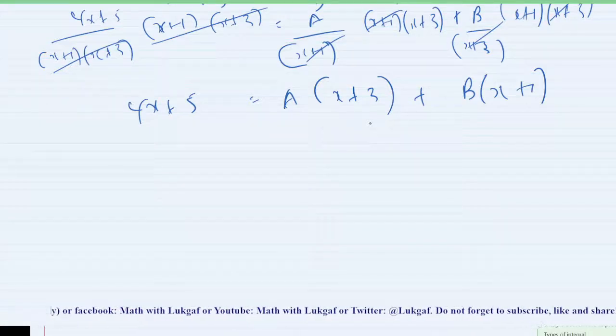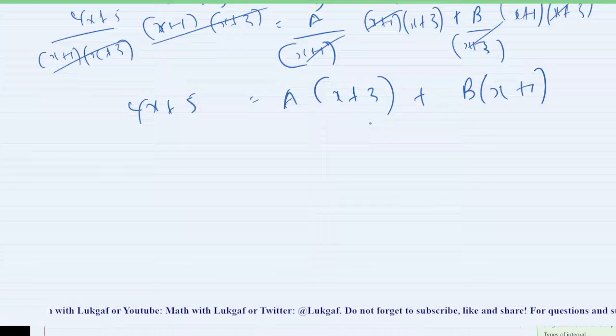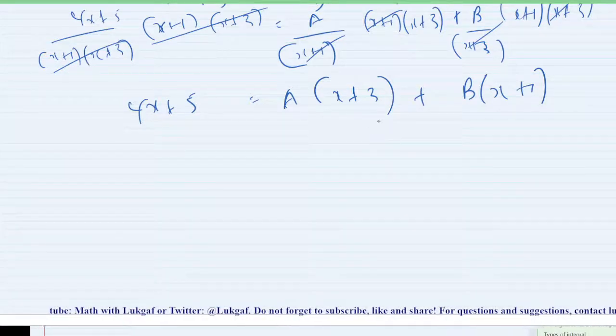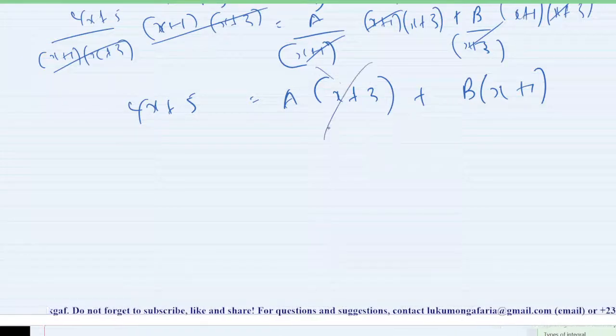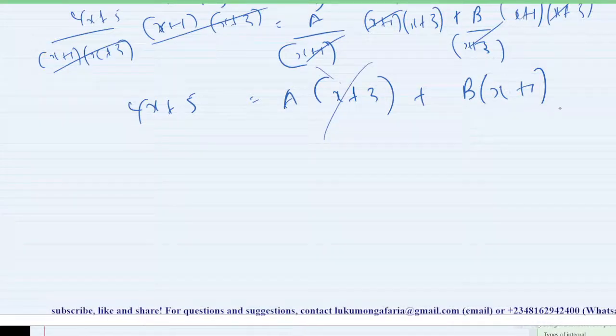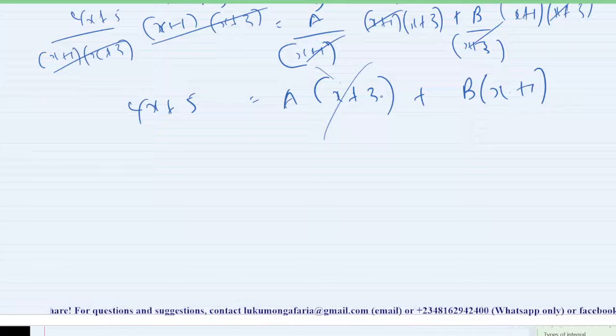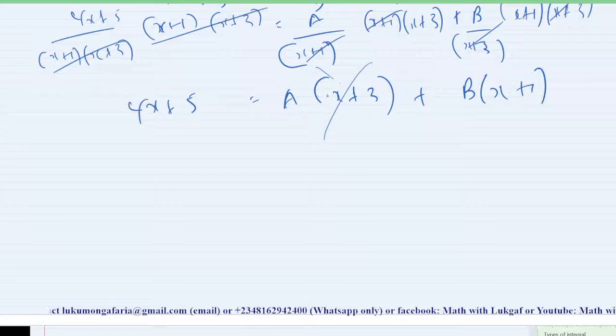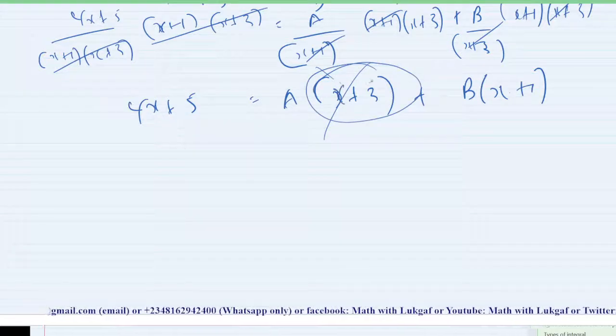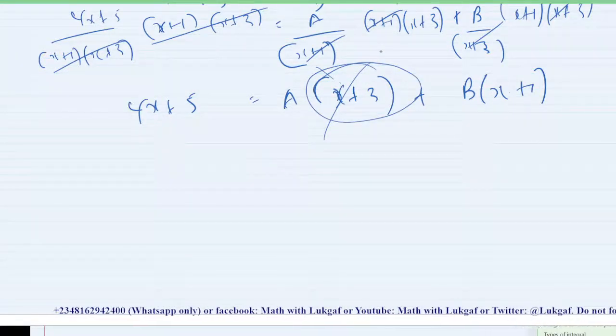I will use the one that is simpler for you. Number one, you can use the cover up method here, that is, you eliminate this term to get this one, or eliminate this term to get this. For example, if I want to eliminate A, the moment this expression is equal to 0 and you multiply 0 by A, it will go.